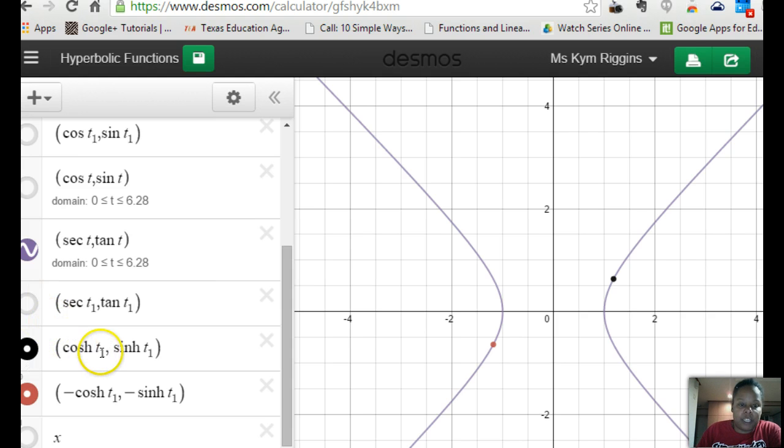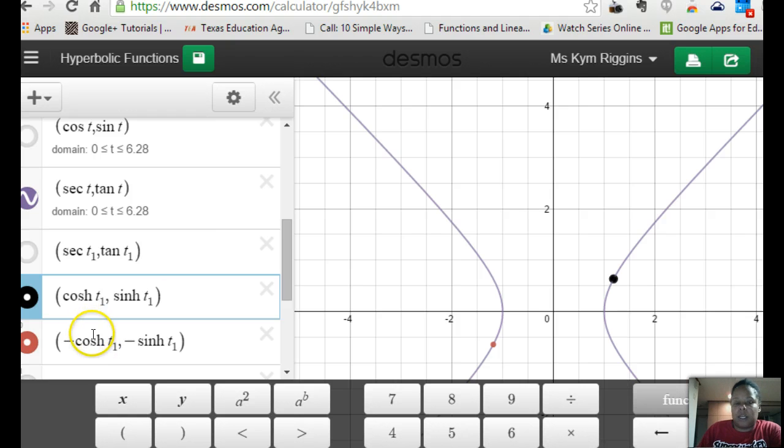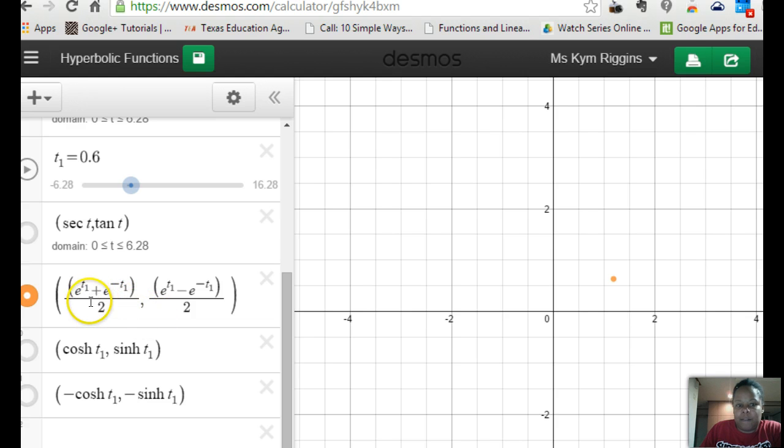And of course, I can change this function to e to the x plus e to the negative x all over 2, and I'll get the same situation. So let's take a look at that. So here I changed it to, now we have the actual defined value of cosh, which is e to the t plus e to the negative t all over 2, and the exact value of sinh, which is e to the t minus e to the negative t over 2.